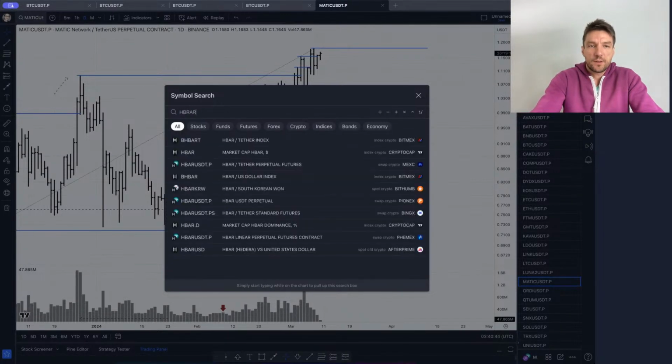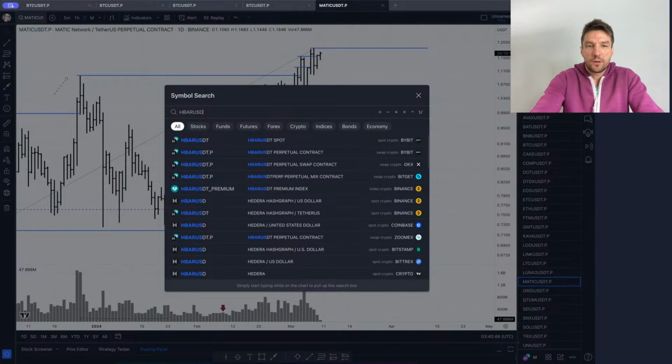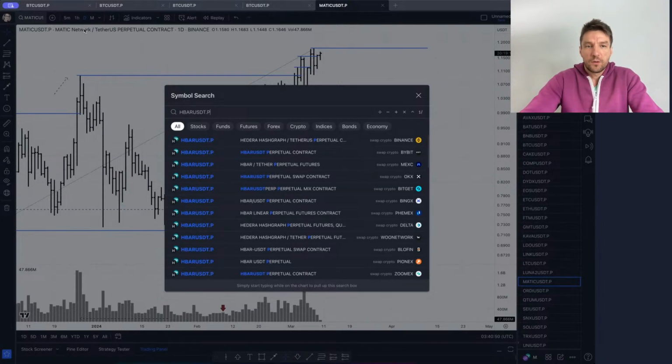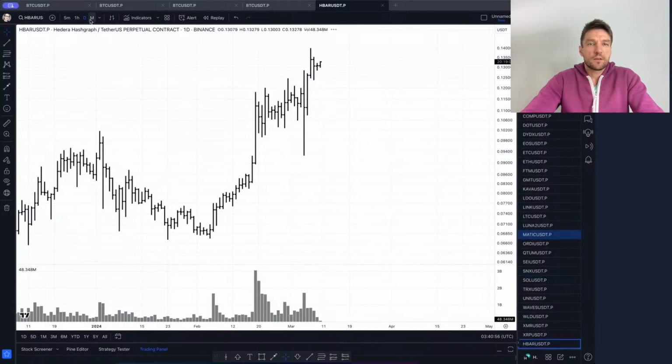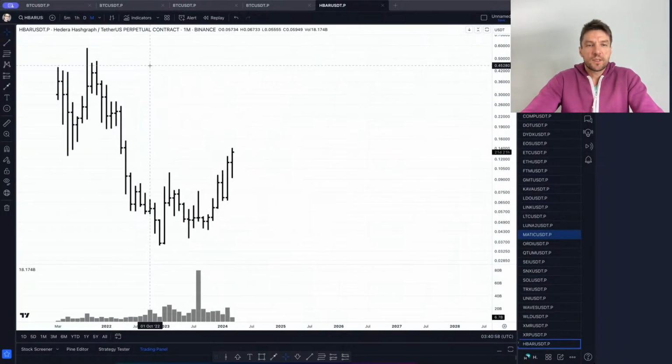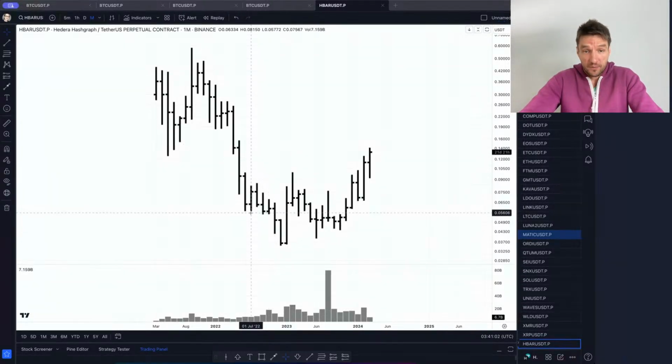Let's take a look. I look at everything crypto-wise on perpetual futures because they're specifically designed for speculation. The intrinsic value of perpetual futures is speculation. So I think they're the best.